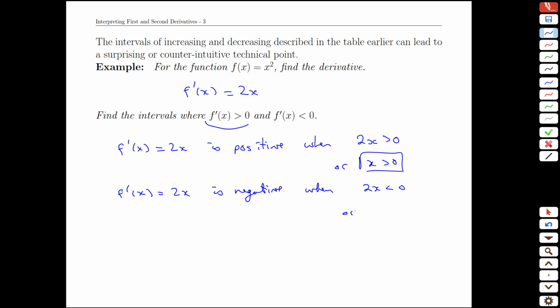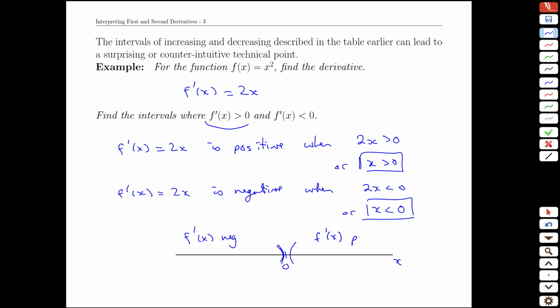Well, 2x is less than 0 is easier to express as an interval simply when x is less than 0 itself. And if we sketch that out, what we would say is on this interval, 0 is the magic breakpoint. On this interval, but not including 0, f prime of x is negative. And on this interval, f prime of x is going to be positive.